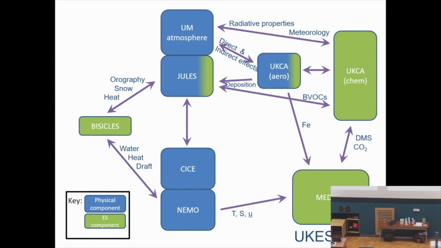For example, there's an atmosphere based on the Met Office Unified Model, a land surface model called JULES, a sea ice model, and an ocean model. You'll see UKCA there is split between green and blue boxes. This is because the aerosol component of UKCA is considered part of the physical model, whereas interactive chemistry is considered an Earth system component. And it includes Medusa, which is the ocean biogeochemistry.